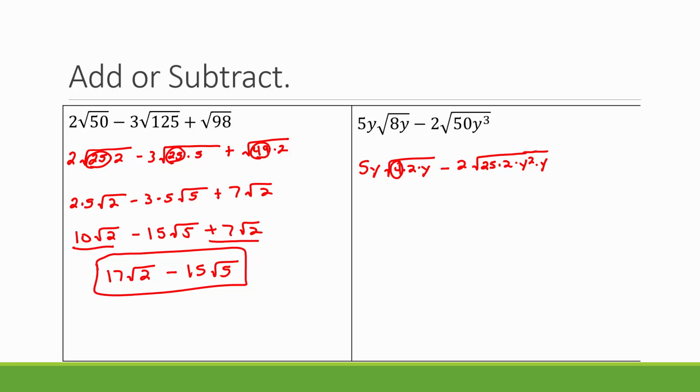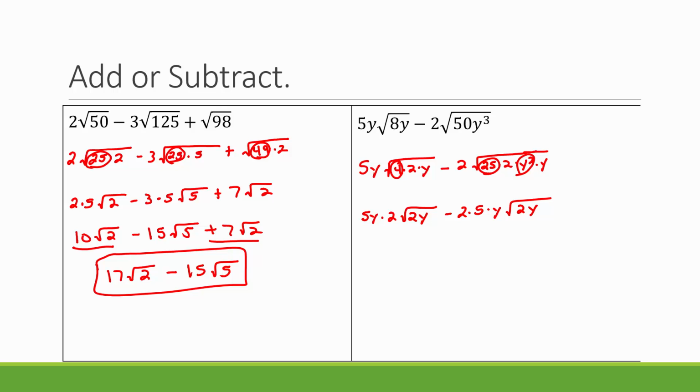So the square root of 4 is 2. 5y times 2 outside of my radical, 2y left over on the inside. The square root of 25 is 5. And the square root of y squared is y. Again, with 2y left inside my radical.